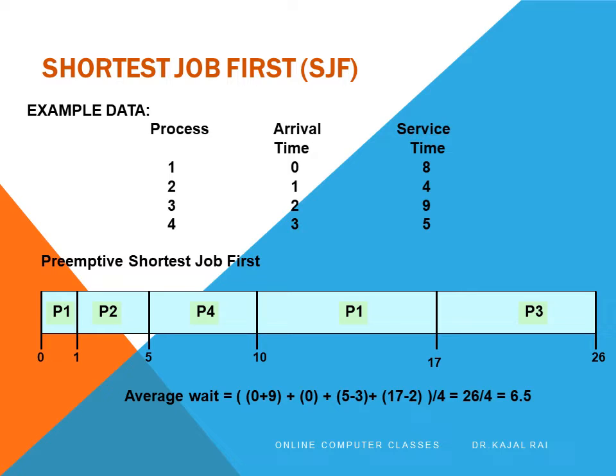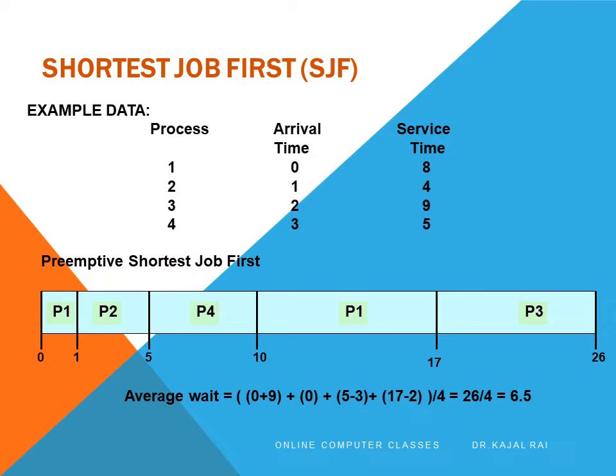But at the end of 1 second, process P2 also arrives and it has the smallest CPU burst from P1 and P2. P1 has already executed for 1 second and has 7 seconds of CPU burst left, but 7 is bigger than 4, so P2 will get the CPU and execute till it ends, at 5 seconds.